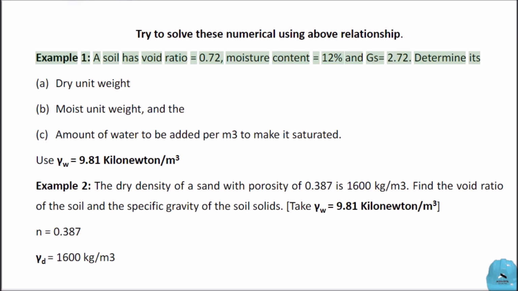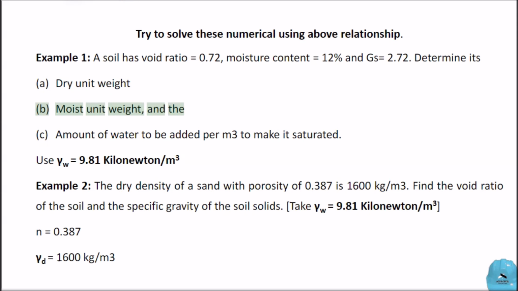Example 1. A soil has void ratio equals 0.72, moisture content equals 12% and Gs equals 2.72. Determine its: a. Dry unit weight, b.